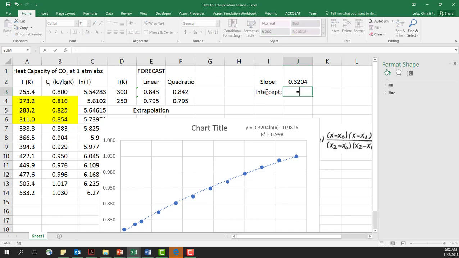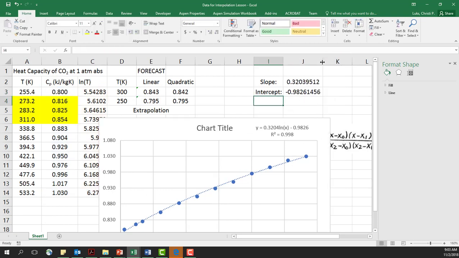The intercept is this. And although it may not look like it, I really do have lots more sig figs than what I had here.